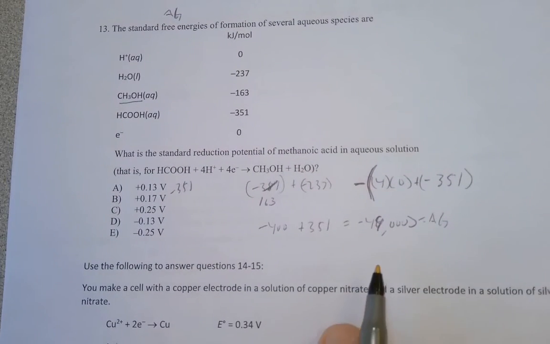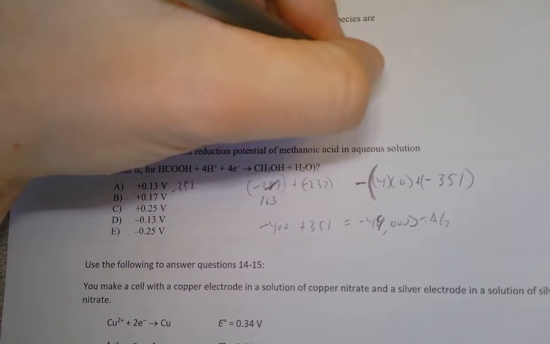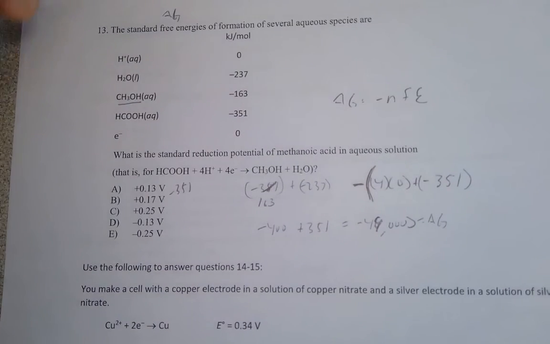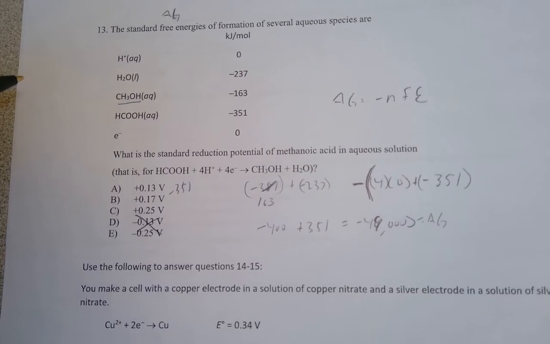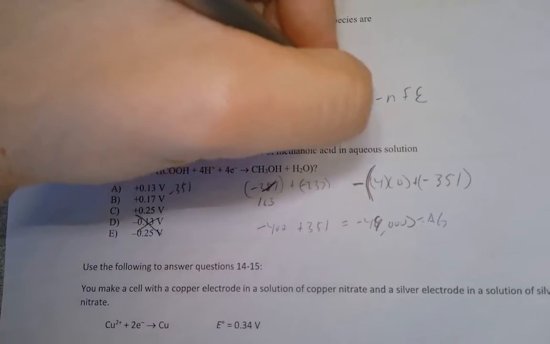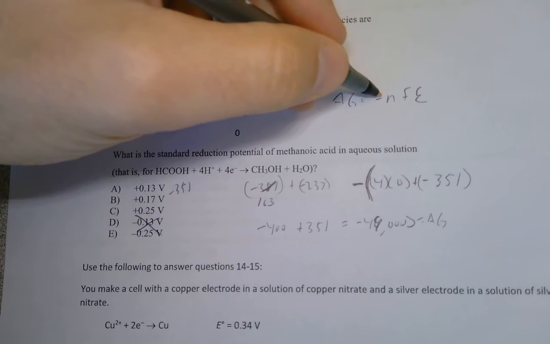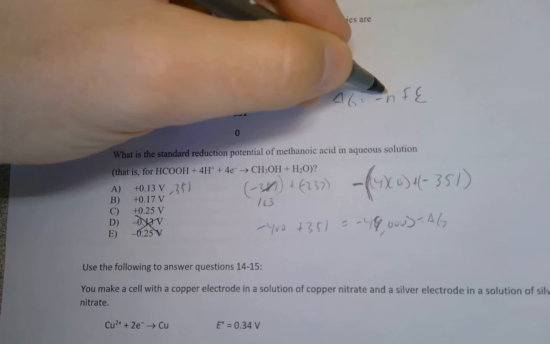My delta G is negative 49,000 joules. So if I do that, delta G equals negative nFE, I should have a positive voltage. So if I'm, just scrap those negative voltages there, right? Because I've got a negative delta G. So negative 49,000 divided by negative 1, so it's going to be a positive 49,000, divided by Faraday's constant, divided by the number of electrons here.